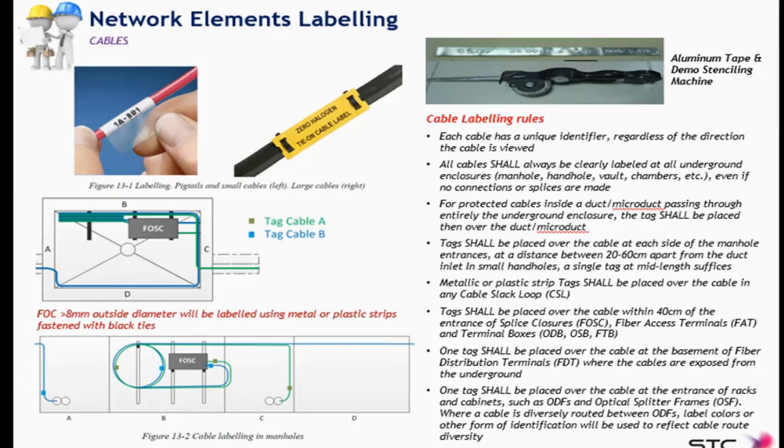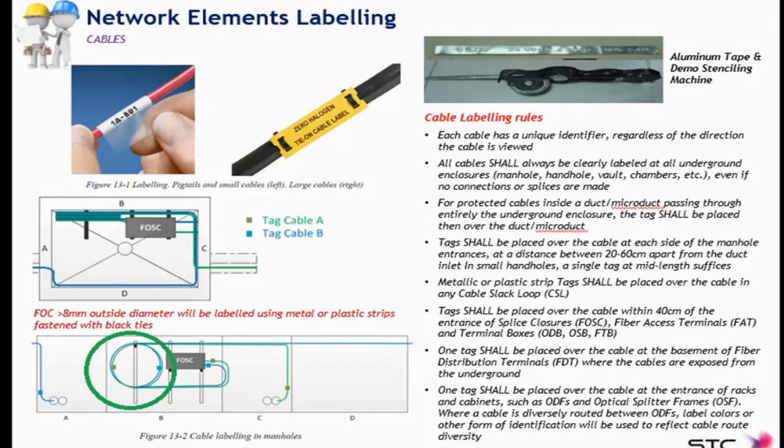The last point we have to make on this slide is that cable slack loops need cable identifiers as well. So you can see that these two cables in the slack loop have labels, obviously separated from each other, because each label is tagging a different cable.